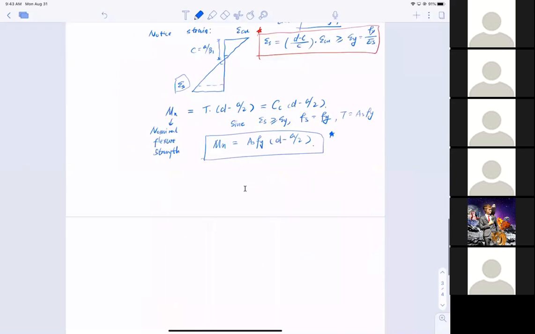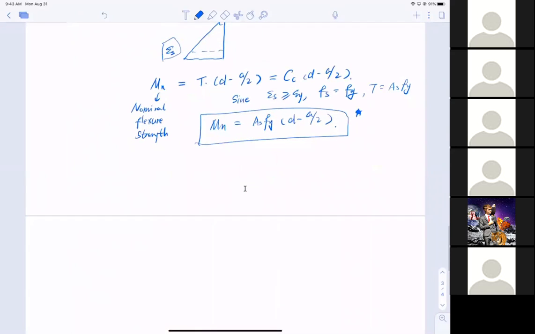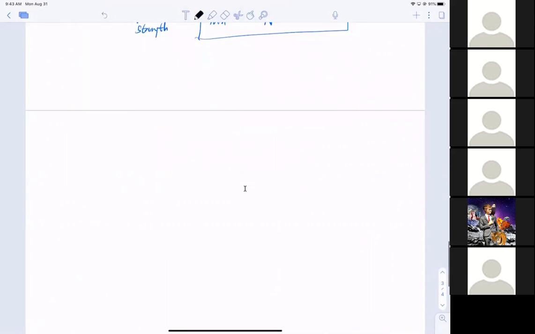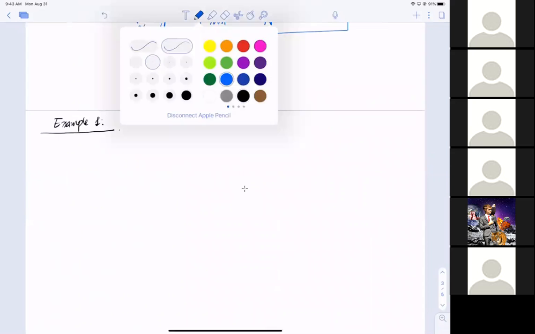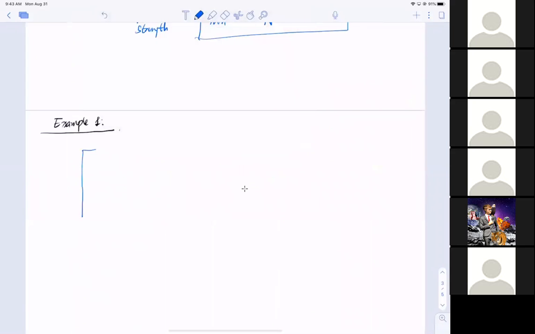Let me show you an example. Example number 1. Now I have a beam, a nice rectangular beam.